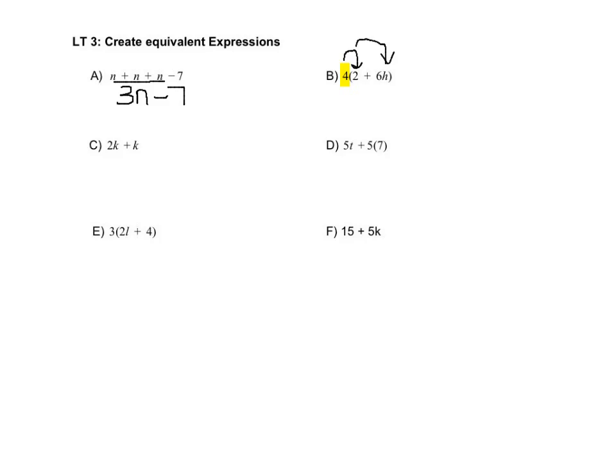So it's currently factored, so it's as short as it can go, and I am going to now put it in expanded. So I'm going to have 4 times 2 plus 4 times 6h.